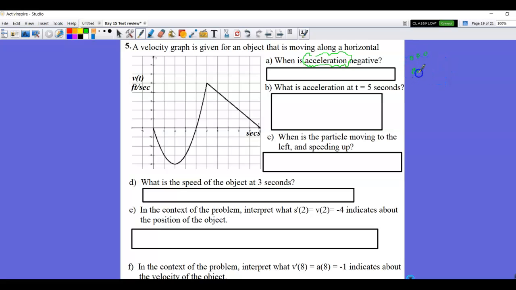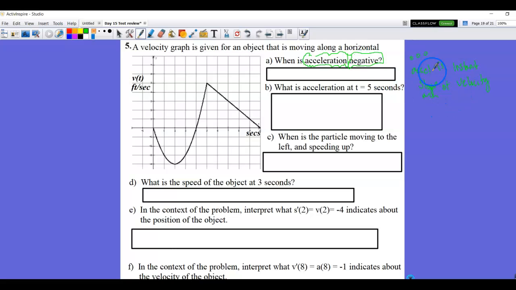In my brain, I have to know that acceleration is the instant, here's my keyword, slope of velocity, which means I need to investigate slopes of velocity. And I'm looking for the slope of the tangent lines to be negative.